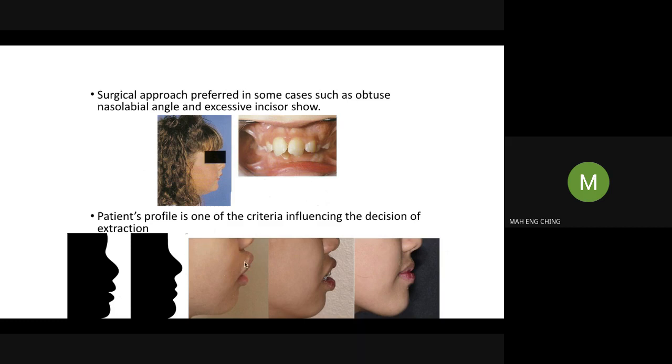Then we do extraction and bring the upper incisor back. Because you bring the upper incisor back, the lip also falls back. By doing that, you achieve a straighter profile. That's how we change the facial profile. So when the upper lip is too protruding, most of the time we take out teeth and then retract the upper incisor. By doing that, we can change the facial profile.